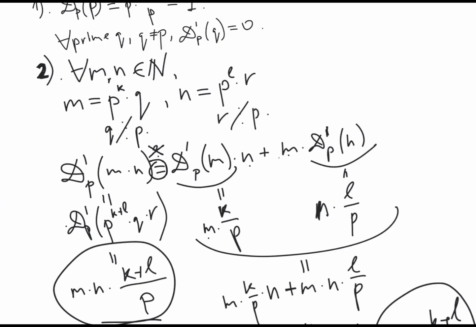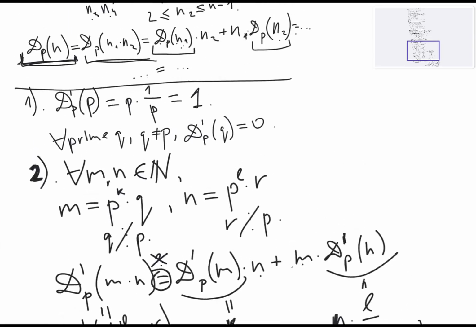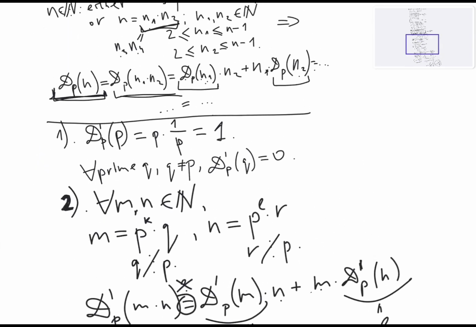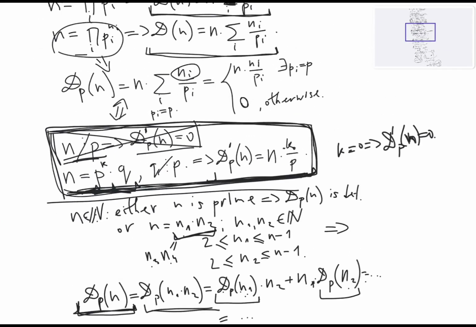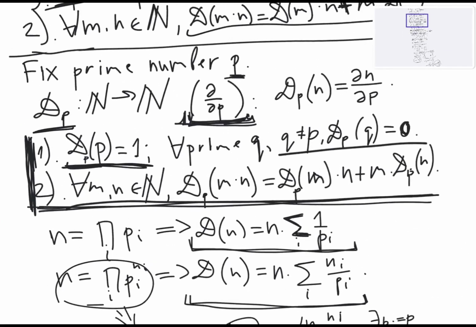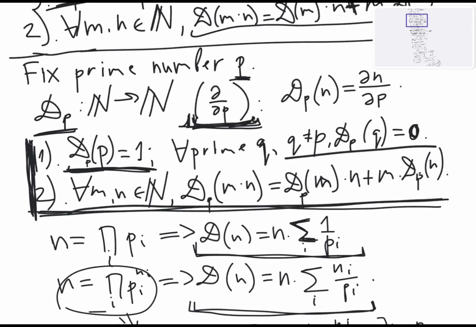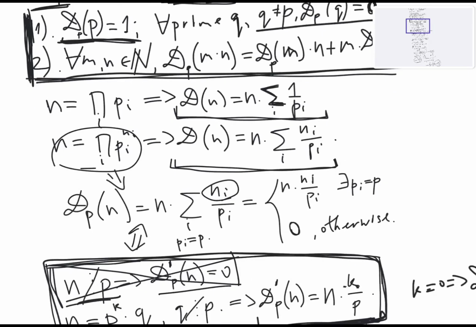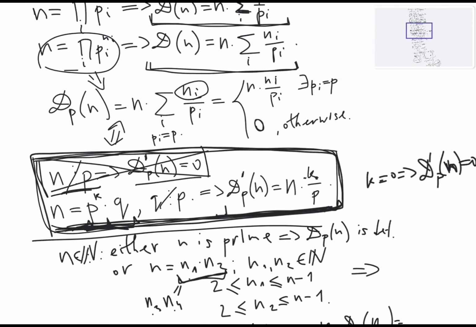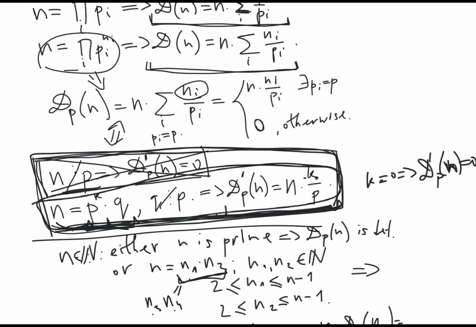Yeah, so this proves that the product rule holds for this function d_p prime. So both the first property and the second property hold. Since they both hold, and since, as I explained before, these two properties fully define the function, it follows that d_p prime is the same as d_p. So d_p prime defined by this formula is the same as d_p.